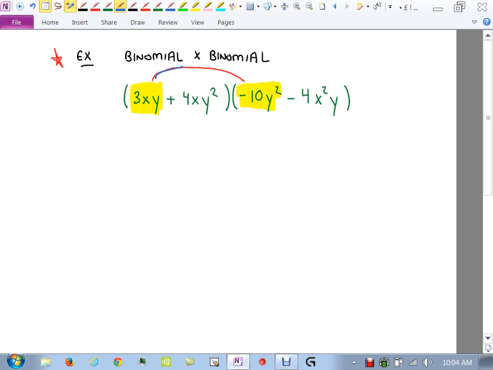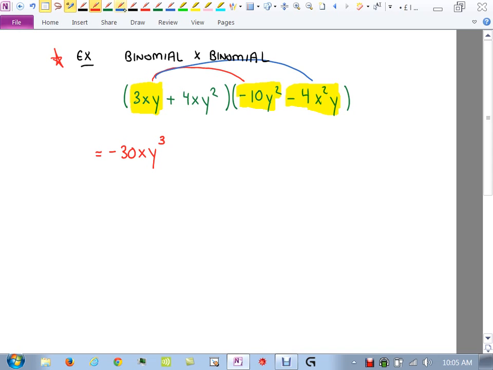So I'm going to do that, and then I'm going to do this. Okay, what would you get if you multiplied the red one there? Minus 30x y to the third power. Now you may need an extra line to do that, and that's fine, but I'm working a little faster here.